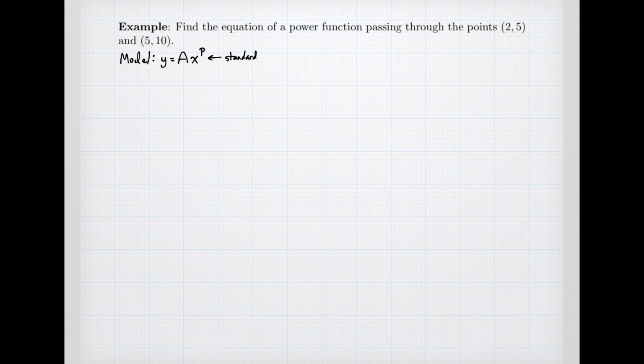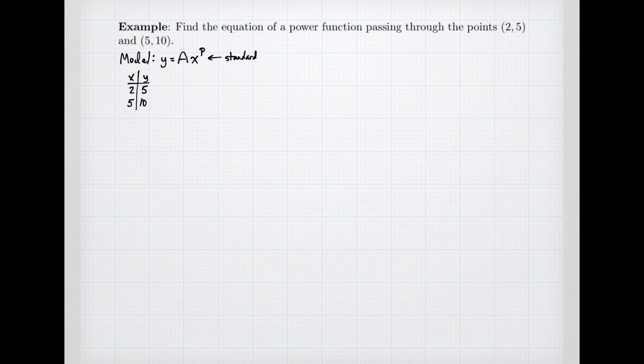Now we have our original variables x and y, and I'm going to create a table as if I was creating a plot in a spreadsheet. So my first point was the point 2, 5, and my second point was the point 5, 10. And those are the values of my x and my y values.